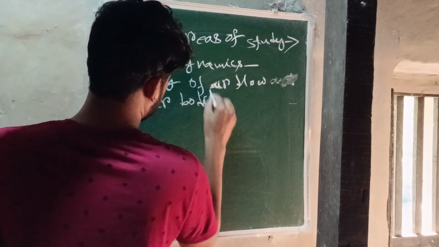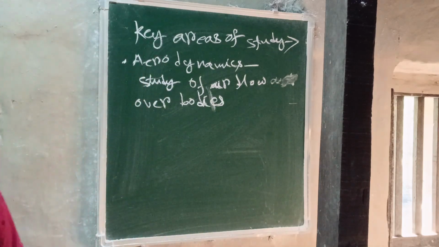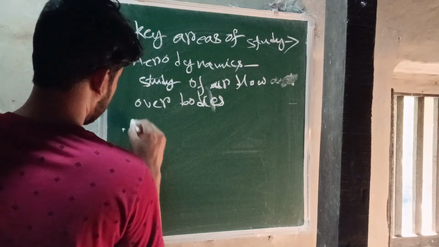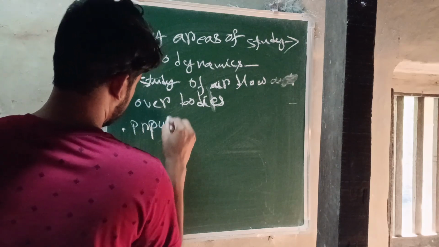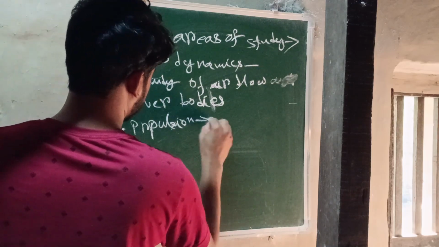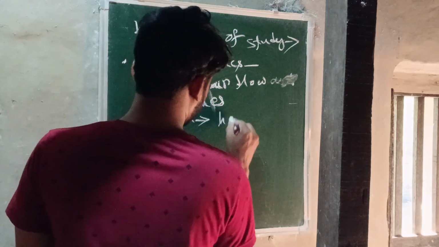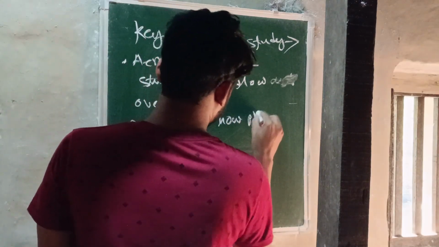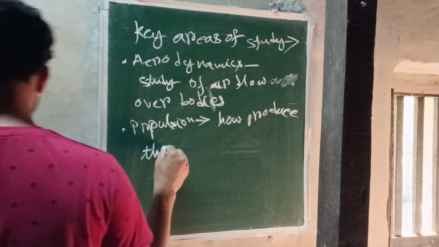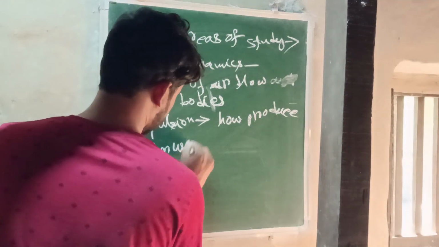Over bodies means spacecraft or airplane bodies. Number two, propulsion. Here we study how to produce thrust.